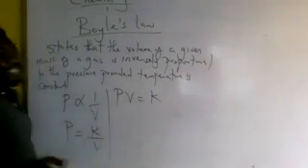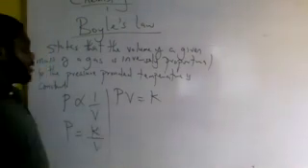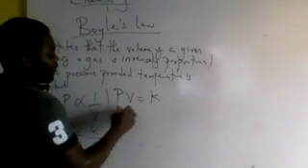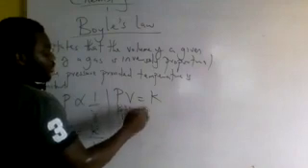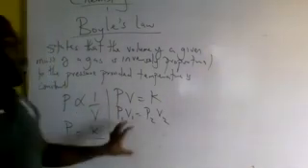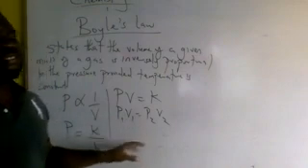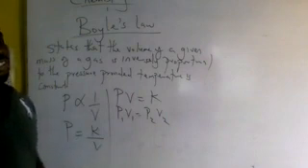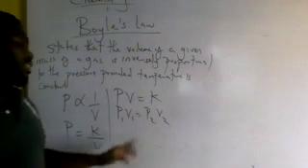Meaning that as the pressure increases, the volume decreases. So you say P1 V1 is equal to P2 V2. What it means is that you are comparing the pressure and volume in a particular instance to the pressure and volume at another instance. This is how you solve questions on it mathematically.